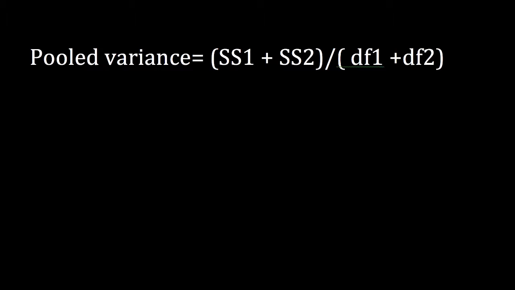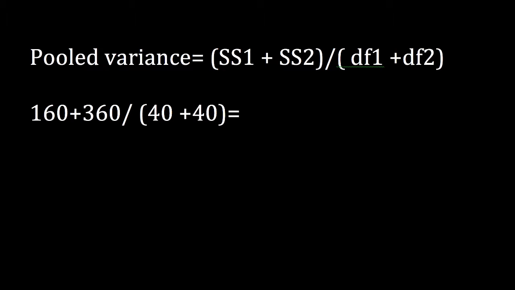And so that would be 160 plus 360 divided by the 40 plus 40 degrees of freedom, which if we put into a calculator gets us a number of 6.5.